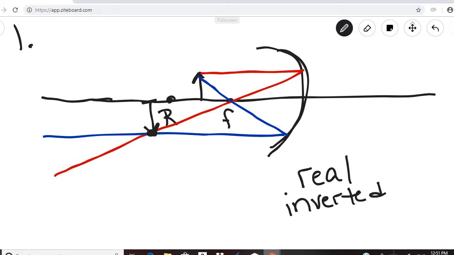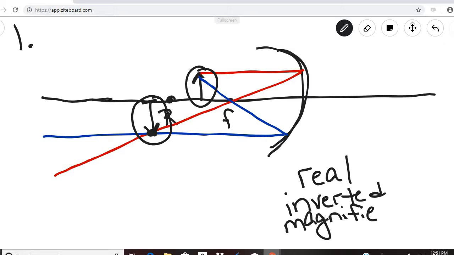Not a huge difference, but it definitely is bigger. This image is bigger than that image, so it is magnified. Okay, so that is number 1: real, inverted, and magnified.